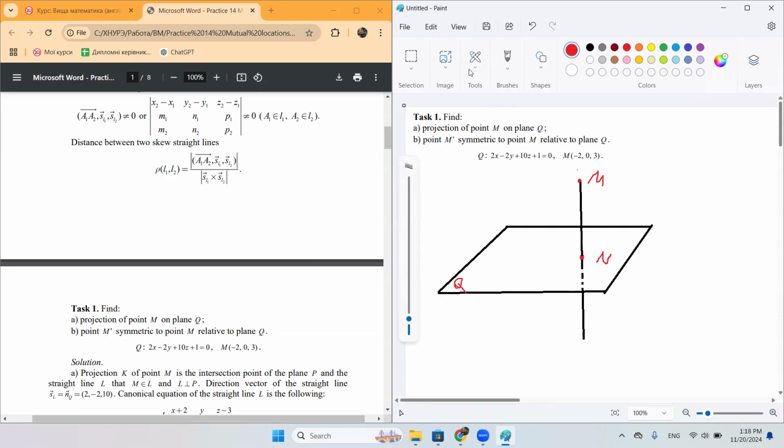Okay, now let's start. First of all, we need to write down the equation of the straight line L. How to find it? Do we have everything for that? It passes through the point M. What else do we need?